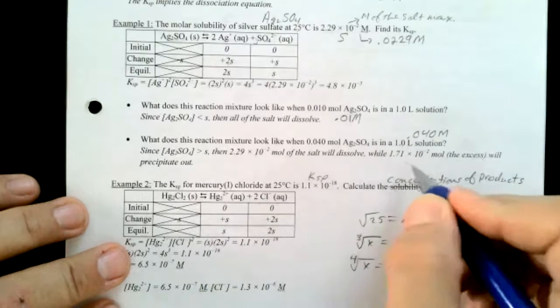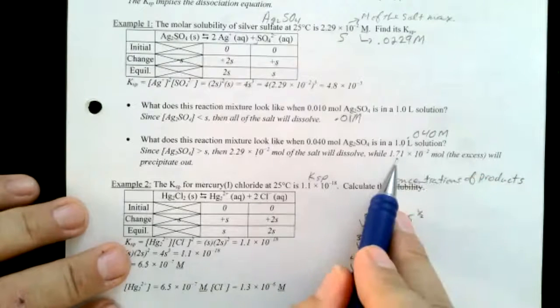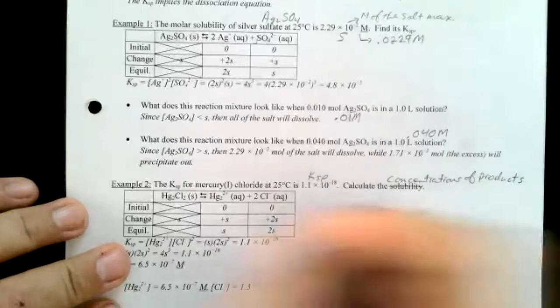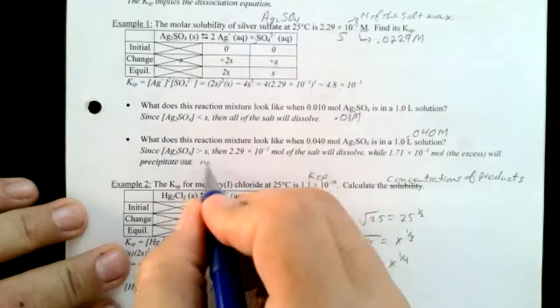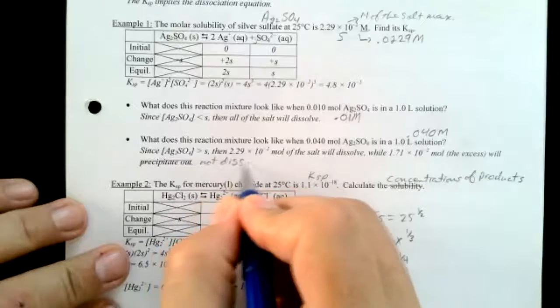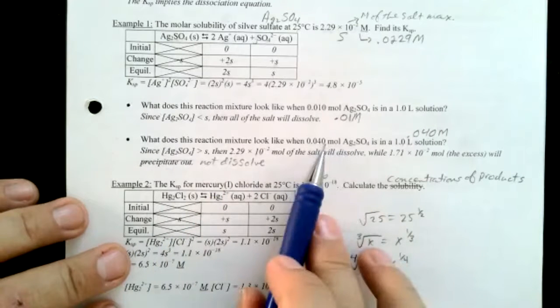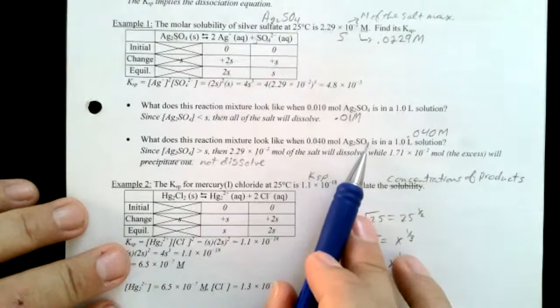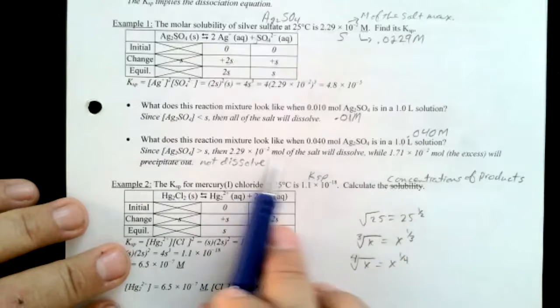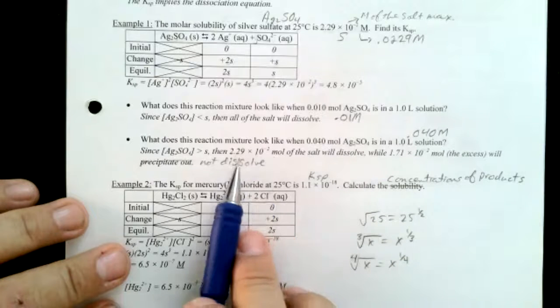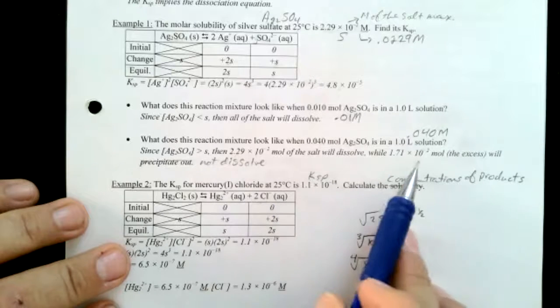This amount, the excess, the difference, will not dissolve. If you have this much powder of this, and you stir it and stir it and stir it, the maximum, the molar solubility, will dissolve, and the rest of it won't.